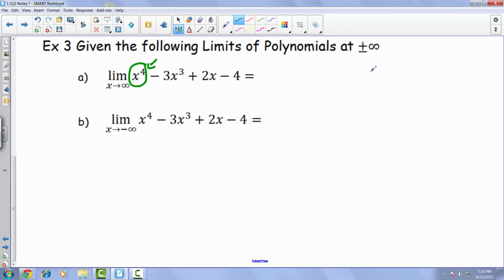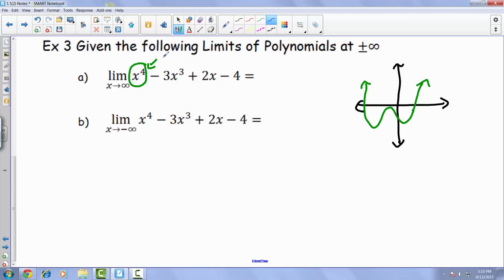If you were to graph this, the other stuff, negative 3x cubed plus 2x minus 4, is really just the curvature and the ups and downs of your graph. Whereas the end behavior, like where these arrows are pointing, is going to be determined by the degree of your actual polynomial.